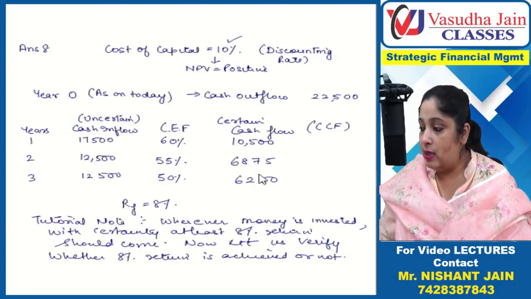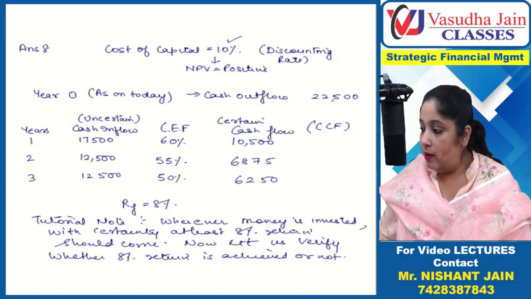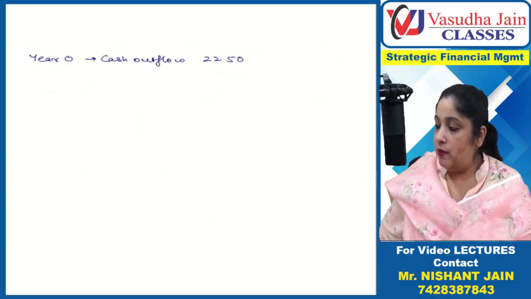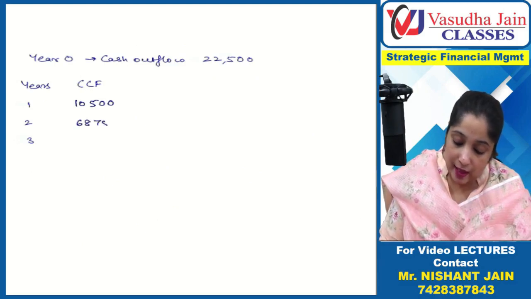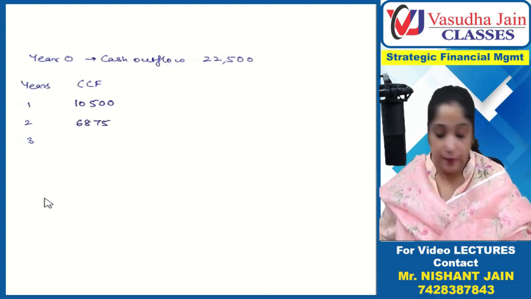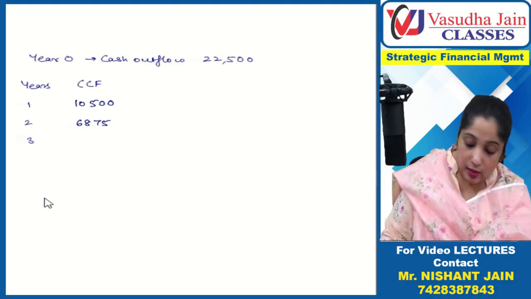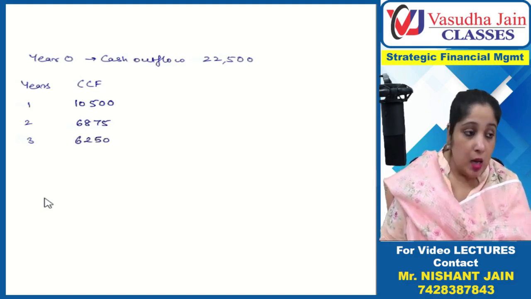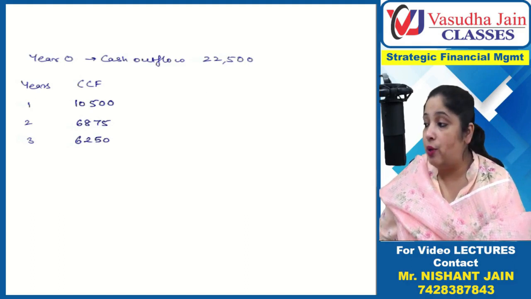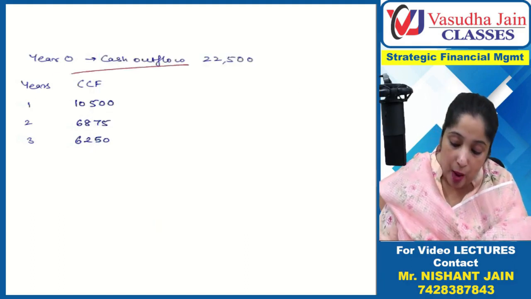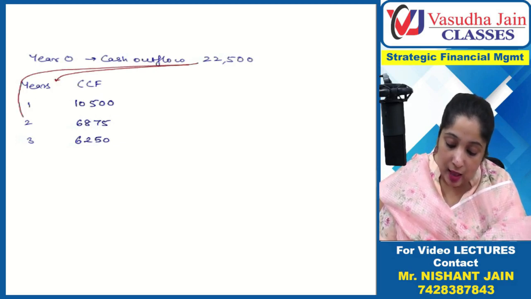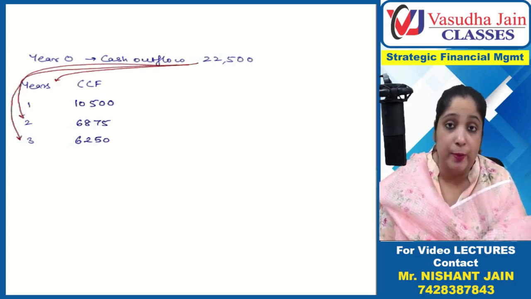Certain cash flows are these: 10,500, 6,875, and the last one was 6,250, right? Now you are going to get these cash flows after 1 year, 2 years, 3rd year. These cash flows are compounding. Now let us check whether they are compounding at the rate of 8% or not.